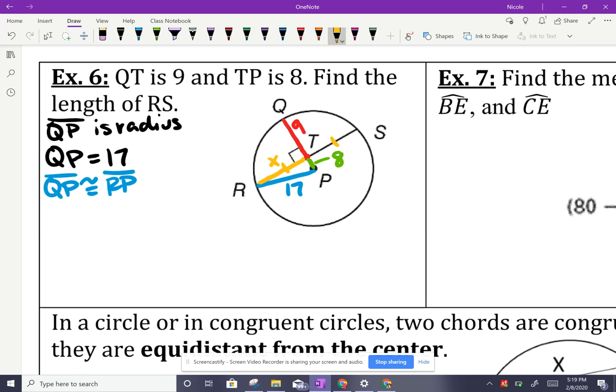So again, we have a right triangle. You've got your hypotenuse, which is 17, and then one side, which is x, and one side, which is 8. This is also going to be a Pythagorean triple. We've got x squared plus 8 squared equals 17 squared. 17 squared is 289.